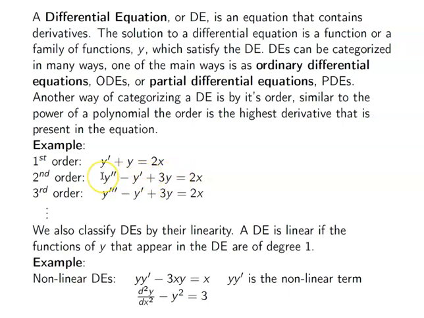All of the y's on one side as much as possible, and all of the non-y terms on the other side. So as you can see here, this is a 2x. It is not equal to 0. This is non-homogeneous, right?